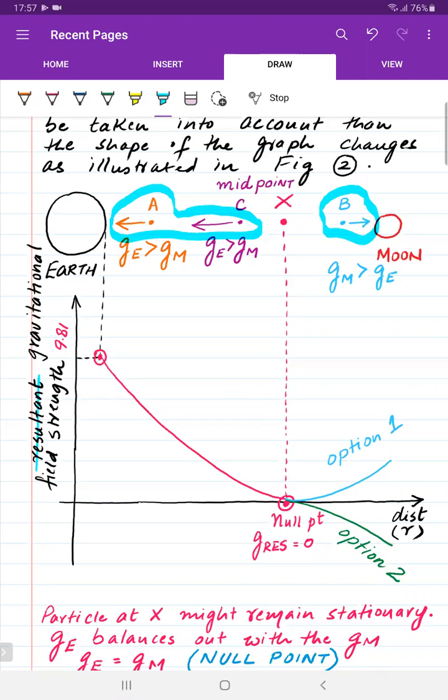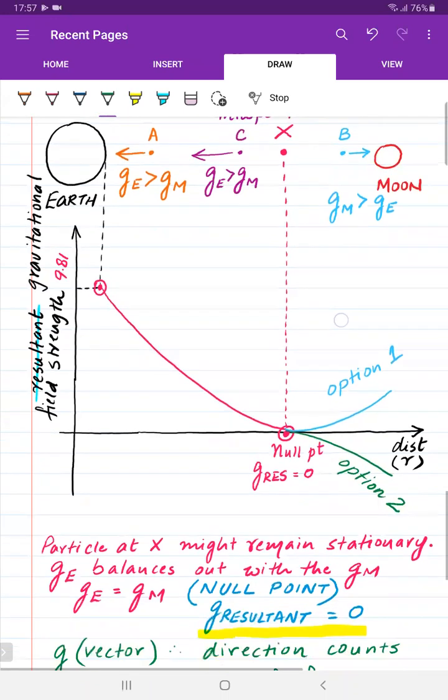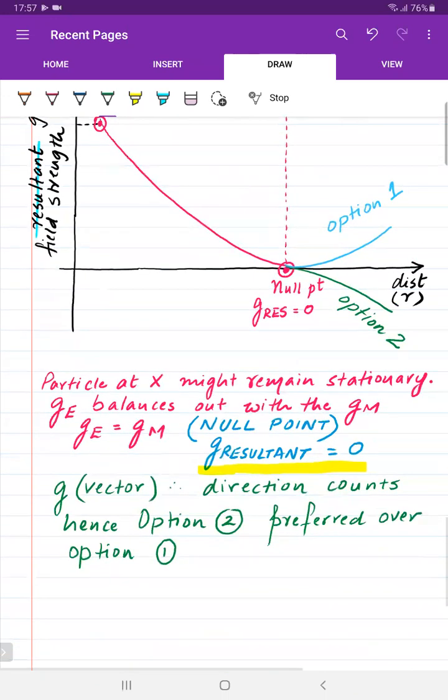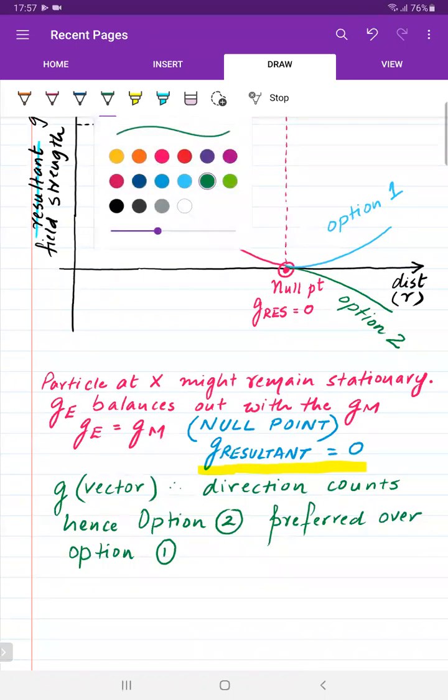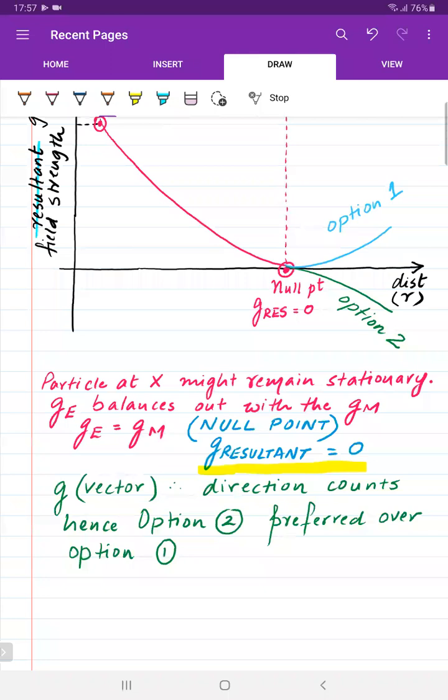सही है. So मैं ये highlighter से जो मैंने बनाया है ना वो तो erase कर दूं. I don't think you need this. Wordings के अंदर इसको include कर दूंगा if needed. So direction counts, hence option 2 preferred over option 1. Wordings में ऐसे लिख देता हूं.